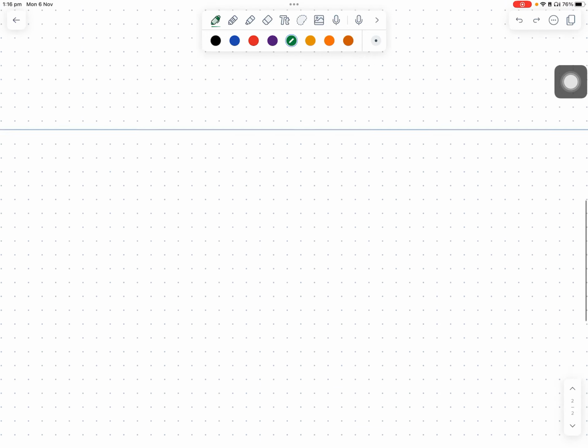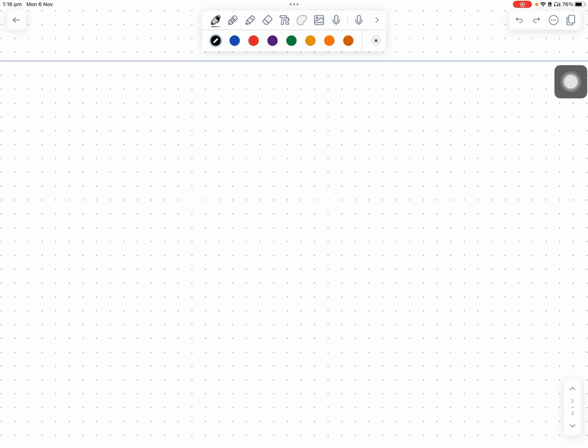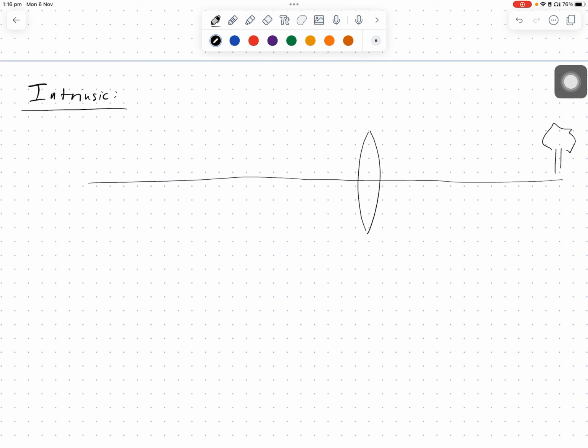What that means, if we start working on the intrinsic parameters, is we've got a lens, and then you've got the world out here with a tree or something in it. And this lens has an optical axis, which is basically just the line that runs straight through the middle of the lens, perpendicular to the plane of the lens.